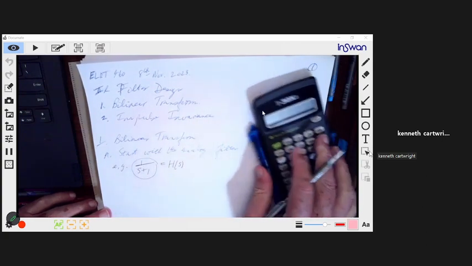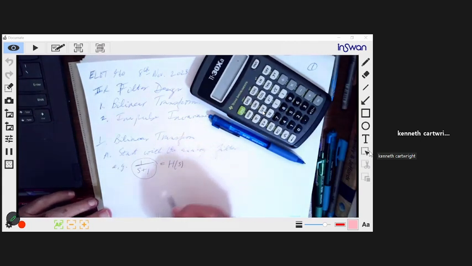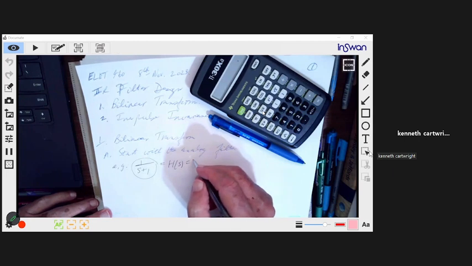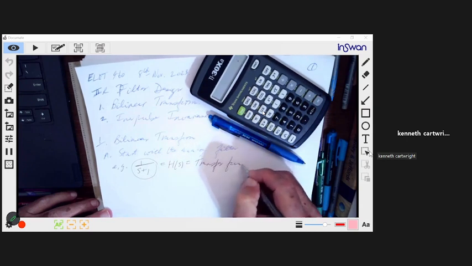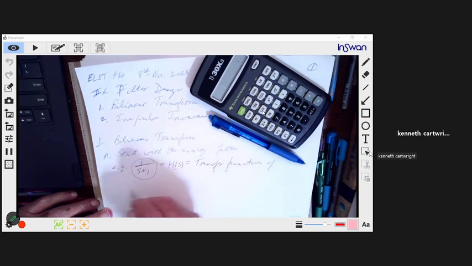In my other class we use G. This is H(s), the transfer function of a first order Butterworth.